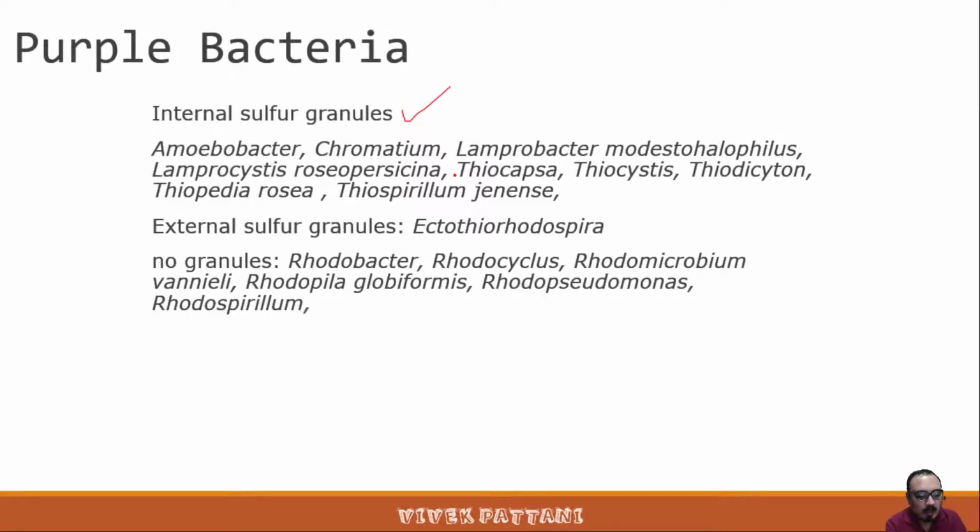Examples of purple bacteria with internal sulfur granules are Amoebobacter, Chromatium, Lamprobacter, Halochromatium, Lamprocystis, Thiocapsa, Thiocystis, Thiodictyon, Thiopedia, Thiospirillum. The purple bacteria with external sulfur granules have just one example, Ectothiorhodospira, and the bacteria with no granules, the non-sulfur ones, are Rhodobacter, Rhodocyclus, Rhodomicrobium, Rhodopila globiformis, Rhodopseudomonas, and Rhodospirillum.